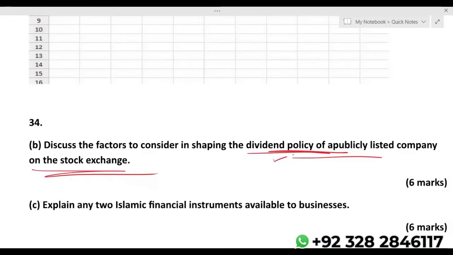You have to see the dividend payment's impact on the image of the company also. There are a number of shareholders, there are people in the stock market, who will take it positively. They might be thinking, yes, everything is fine, the company is financially wealthy. Two Islamic instruments, mudaraba and, let's say, musharaka. So you'll be just explaining mudaraba and musharaka.